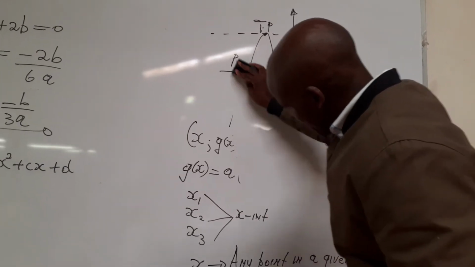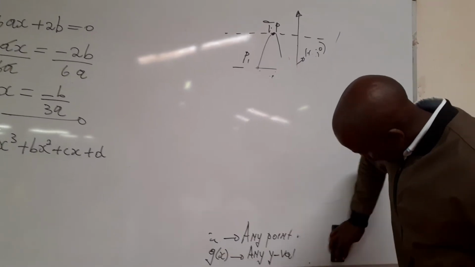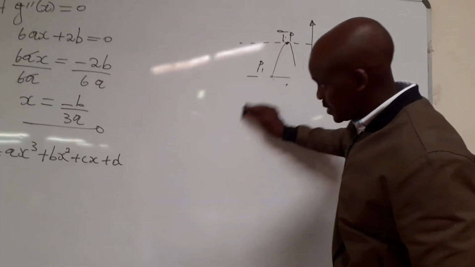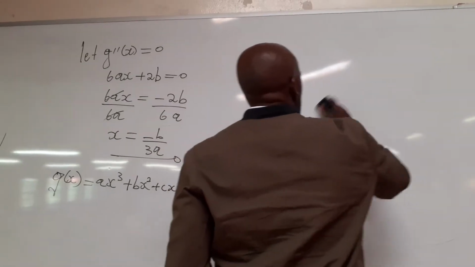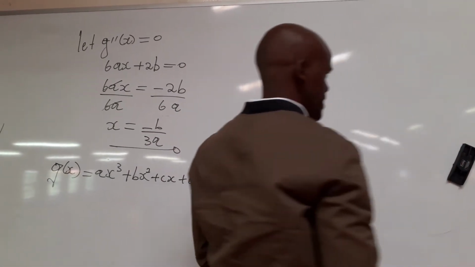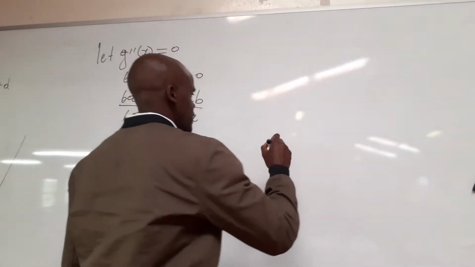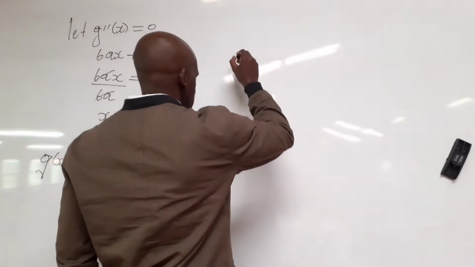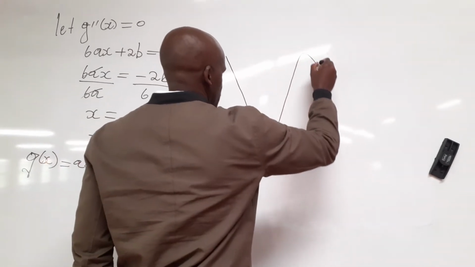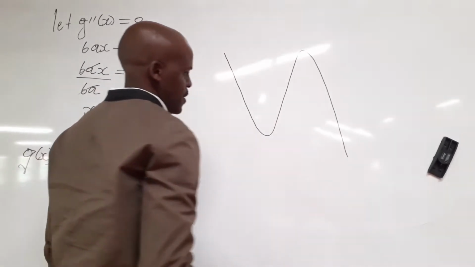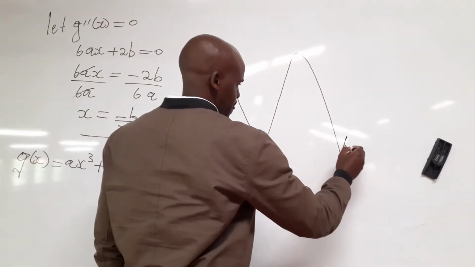I just want us now to look at how to interpret the graph, because this was curve sketching. Now let's look at how to interpret it. You've got this graph, and let's say this is the function h.